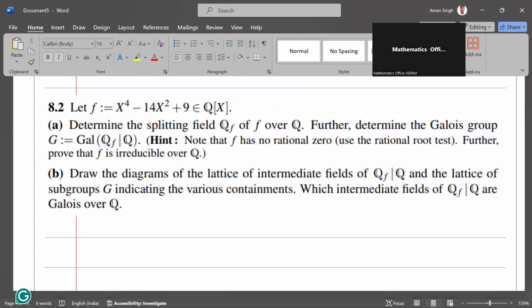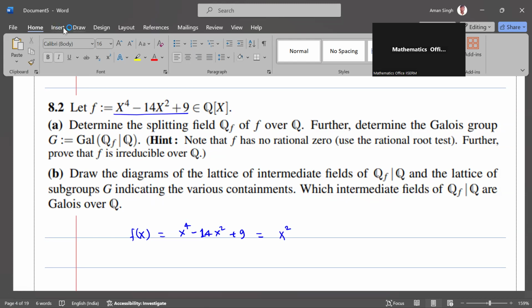So we have f, a polynomial like this. F of x is equal to x power 4 minus 14 x square plus 9. By the Sridharacharya formula, we can factor it, right?